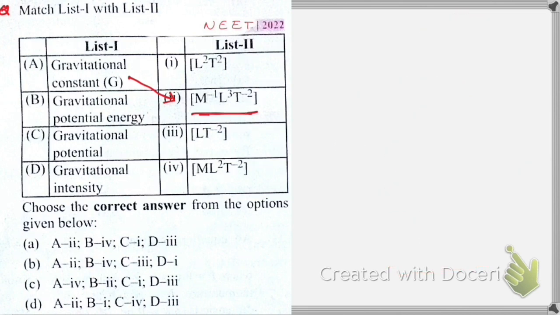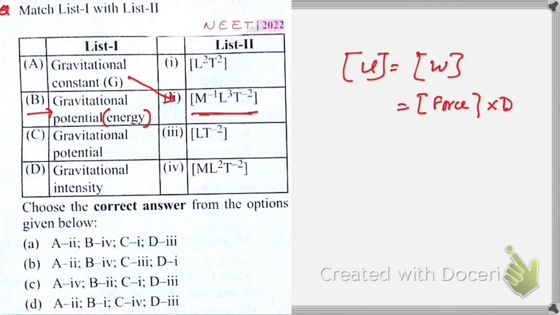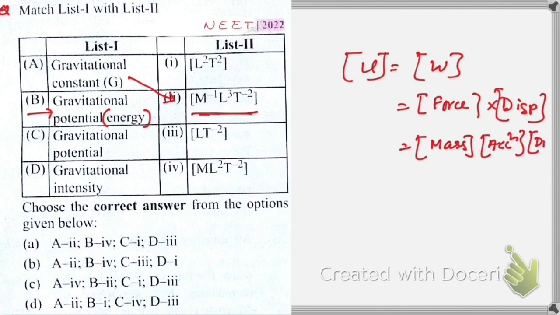So next one we have gravitational potential energy. When we say energy, energy is equivalent to work done. So what is the dimensional formula of work done? Work done is force into displacement, and force is mass into acceleration, and into displacement, right?